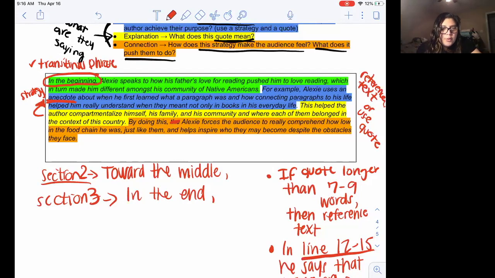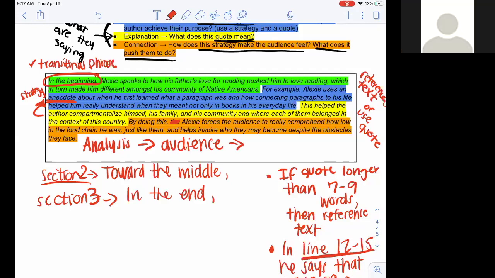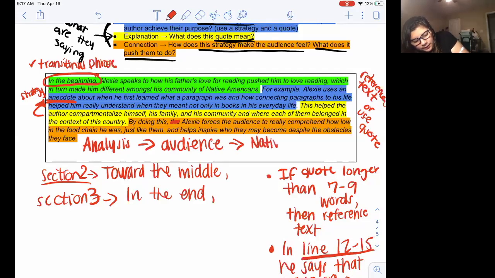The only way that analysis will work is that you need to know who your audience is. Now, this was done on Tuesday, and some of you still haven't turned it in. That's fine, but well, it's not fine. You want to get it turned in. But who's the audience right now? Isn't it the Indian children? So it's Native Americans, for sure Native American youth.